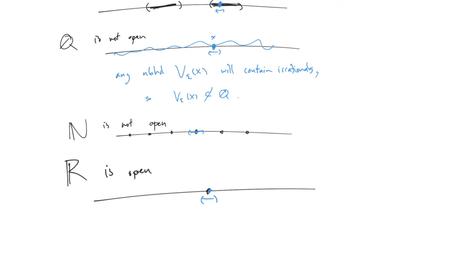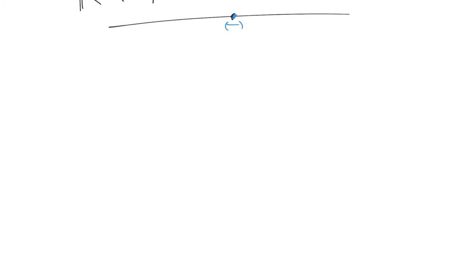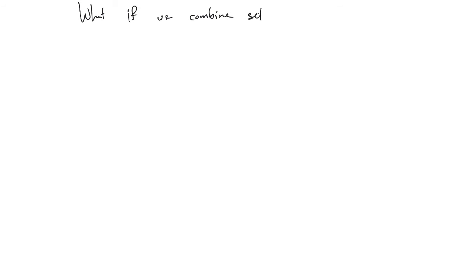Okay, what I want to talk about is how does openness relate with unions and intersections? So what if we combine sets using intersection and union?